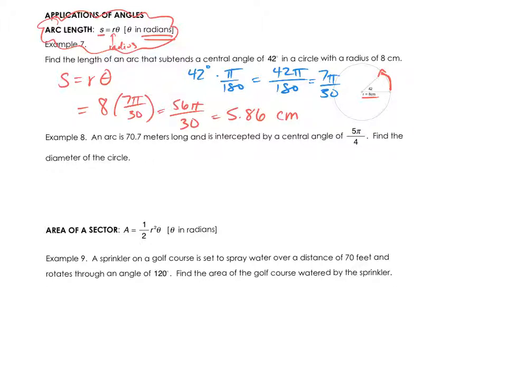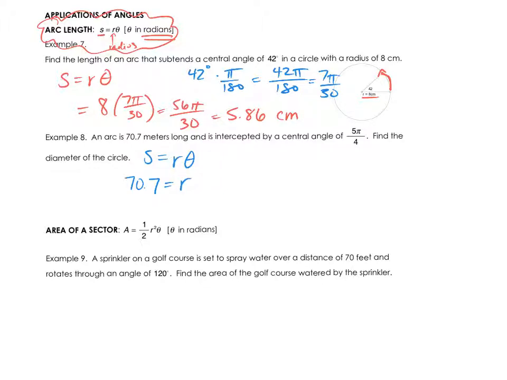We can also use this equation to work backwards from an arc length and find out something about the circle. So when we do that, here, we're going to start with our same equation. The arc length equals the radius times the angle. And now we know that my arc length is 70.7, and that equals my radius, which I don't know, that's what I'm solving for.